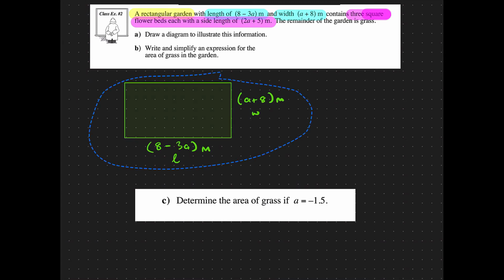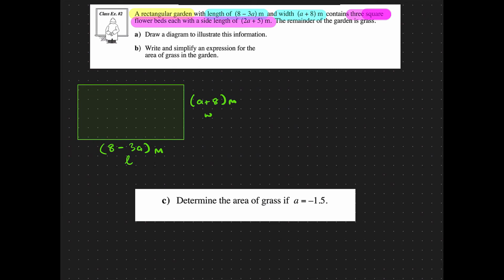Okay, and there are 3 square flower beds inside there. So 1 and 2 and 3. It doesn't really matter where they are in there as long as they're in there. And it says they have a side length. Now remember, all of these sides are the same right here.